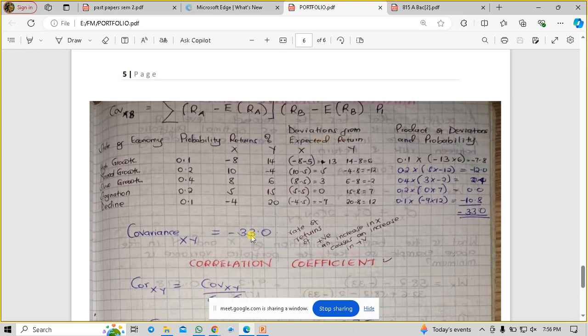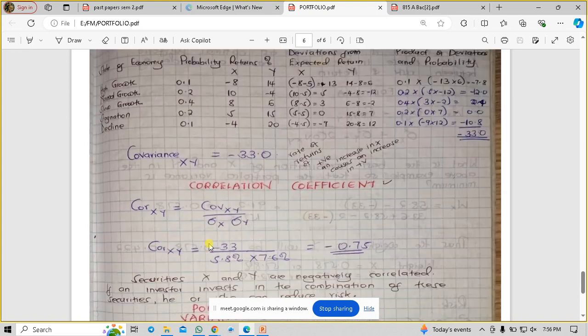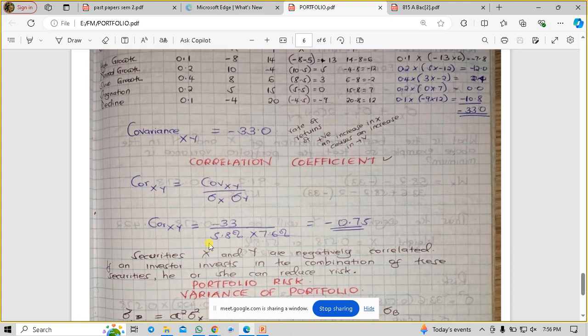So I insist on having these two columns. One is deviation, the other one is product of deviation. For deviation, we are saying return minus expected return. For product of deviation, you take the probability times the deviations and then you add, you're supposed to get the covariance. Unless there is a question on covariance, so that you can go to correlation coefficient.